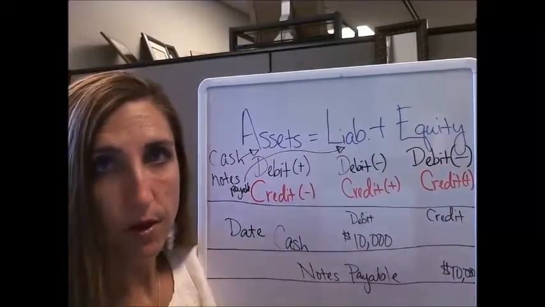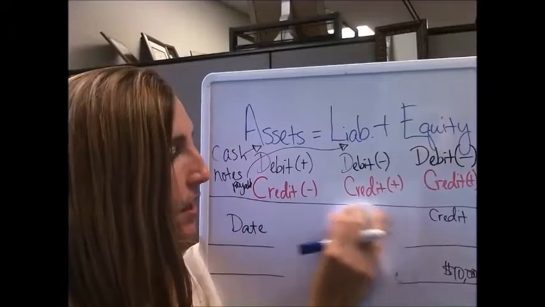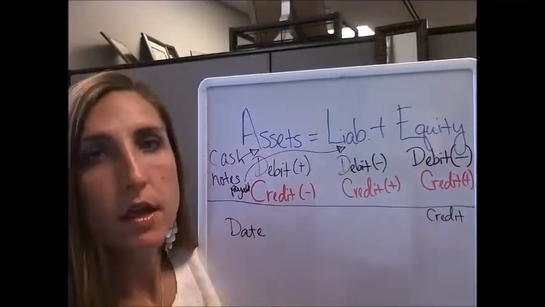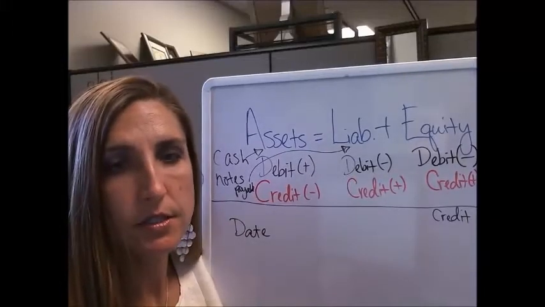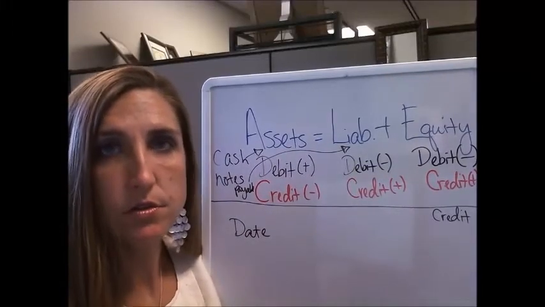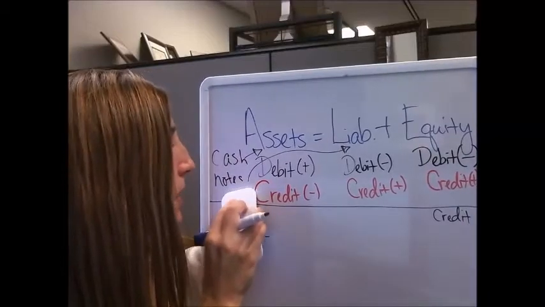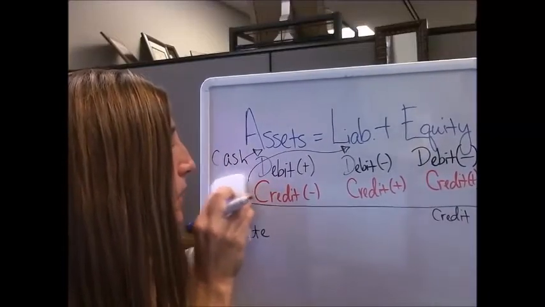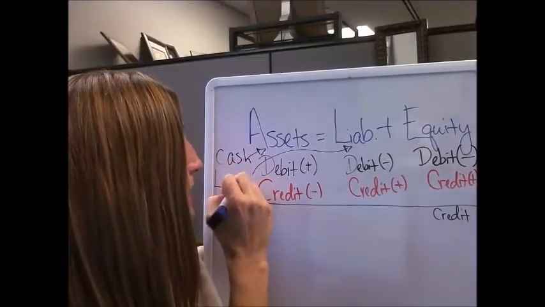Let's try another one. If you were doing your homework and it said that you purchased land for $50,000 with cash, I'm going to think about what happened. My two accounts are cash and land.